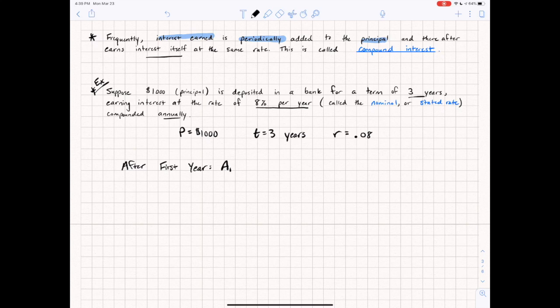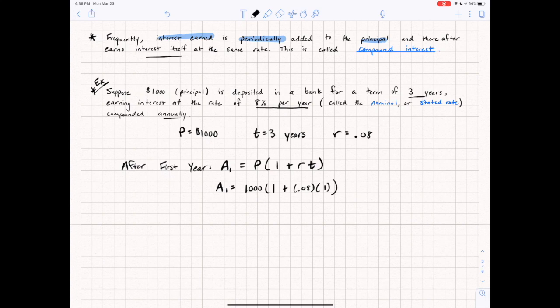Well, A1 is calculated by doing my principal amount times 1 plus RT, which is the amount of time that's passed. Now for A1, my principal is 1,000, 1 plus my interest rate, which is 0.08, but the time that's passed right now is just 1 year.